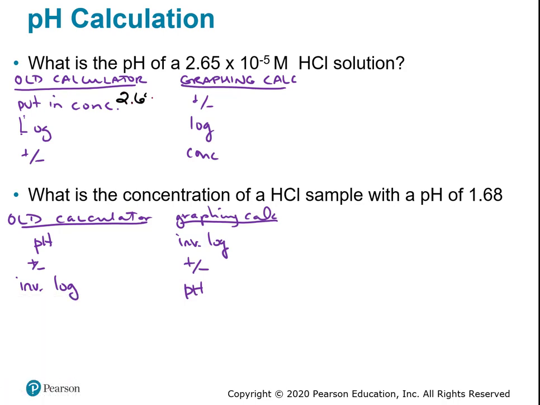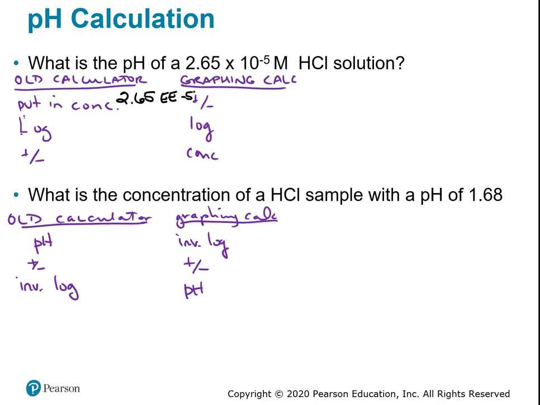Okay, so you put 2.65, then what? Then EE, and then what? A -5. Okay, so if you have an old calculator, put that in. If you have a graphing calculator, you probably know how to put your exponents in anyways, so you just do them straightforward. If you have a graphing calculator, put your plus minus sign, log, and then the concentration.